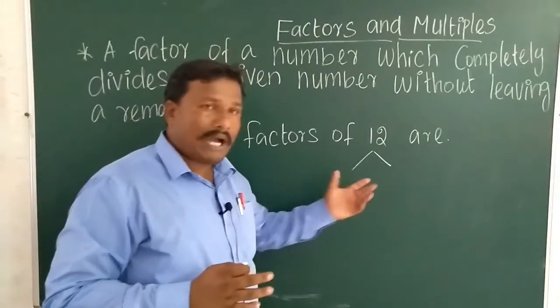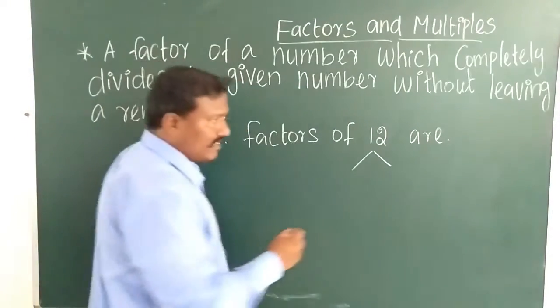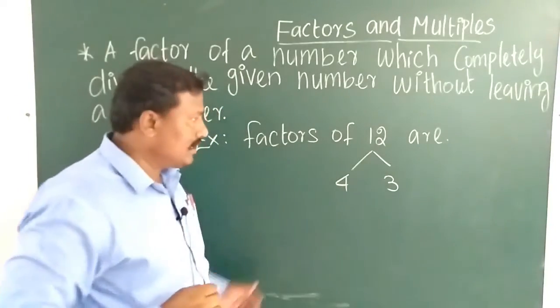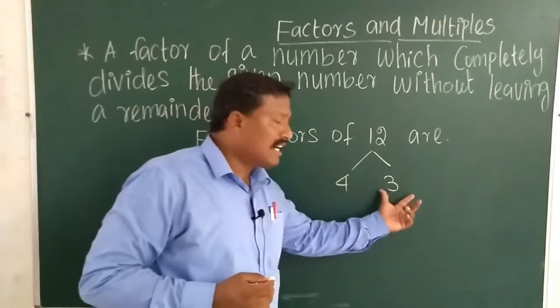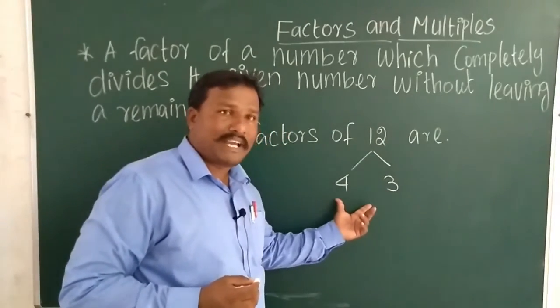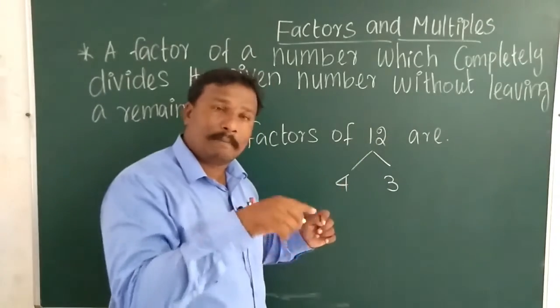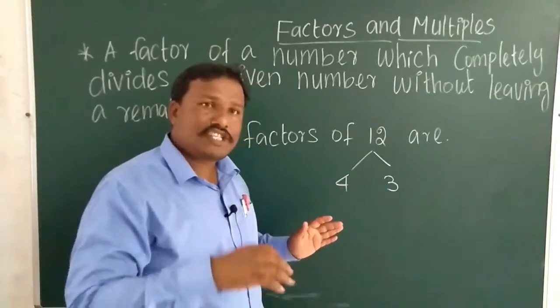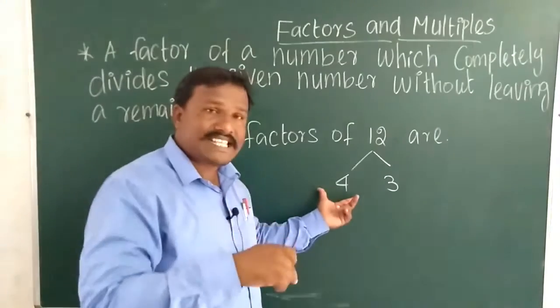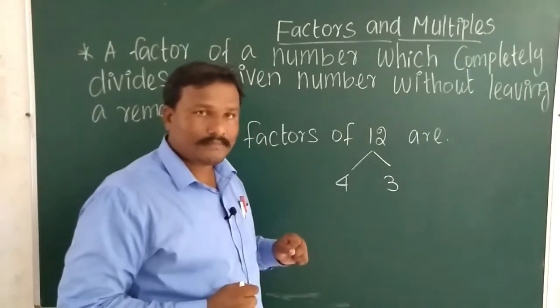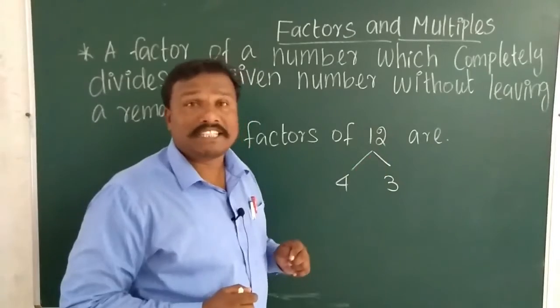Now I am giving you one example so that you can understand. 4 threes are 12. If you multiply 4 and 3, the product is 12, which means it divides completely, there is no remainder. In this case 4 and 3 are factors, but 12 is a multiple.